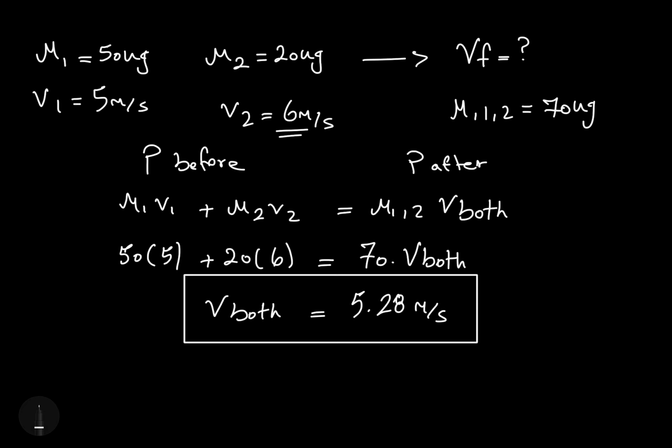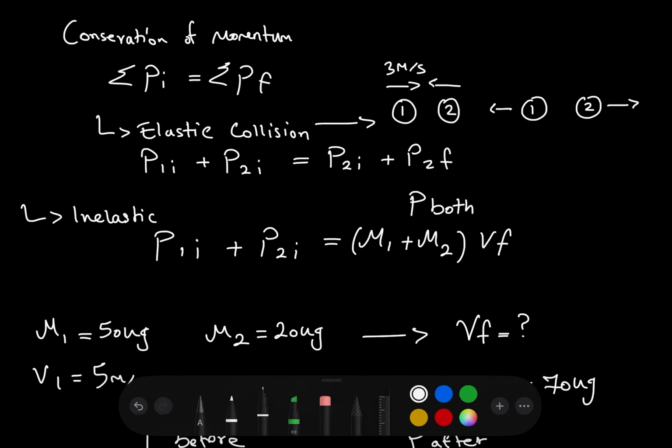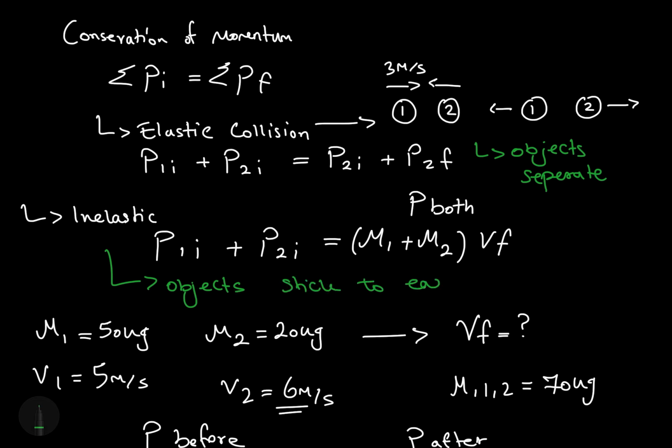Now, this was one example of inelastic collision, and it's really important that you can distinguish between elastic and inelastic collisions. So in elastic collisions, the objects get separated, but in inelastic collisions, the objects stick to each other.